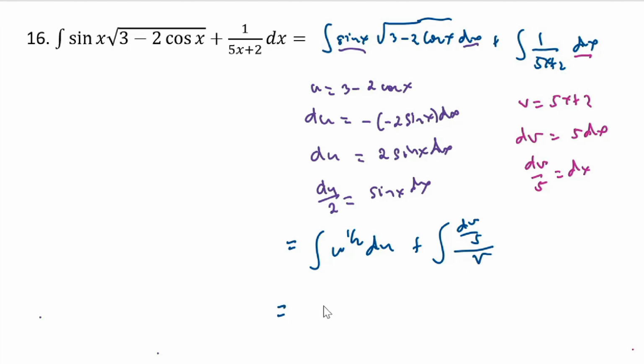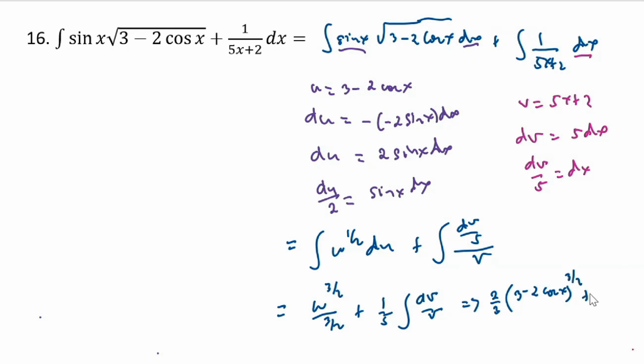Therefore, the integration of the first term becomes u raised to 3 halves over 3 halves, plus the second term, we have 1/5 the integral of dv over v. So therefore, the final answer will give us 2/3 of u, which means (3 minus 2 cosine of x) to the power of 3 halves, plus 1/5 of the ln of v, plus a constant.